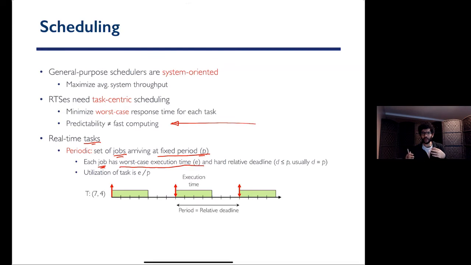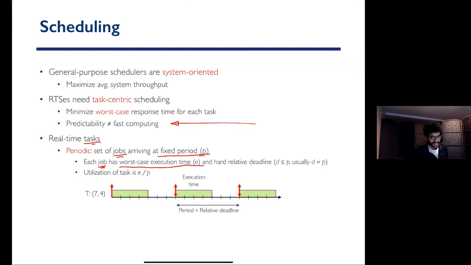We have made our operating system predictable. So it's not far-fetched to assume that we know the worst case execution time of our jobs. From now on, I'm going to assume that we know the execution time of each job. So that's given to us.